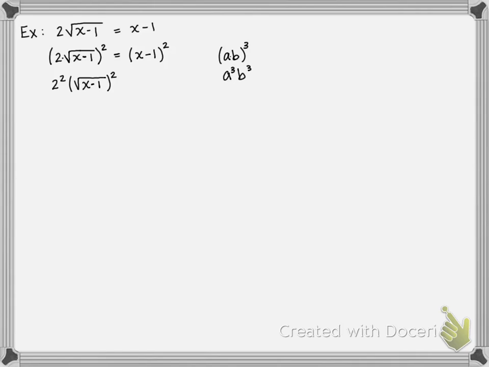So when there's multiplication in the parentheses, you can apply the exponent to both factors. In this case, our 2 factors are 2 and that radical, and so we can square the 2 and square the radical. And then on the right side, this is x minus 1 times x minus 1.